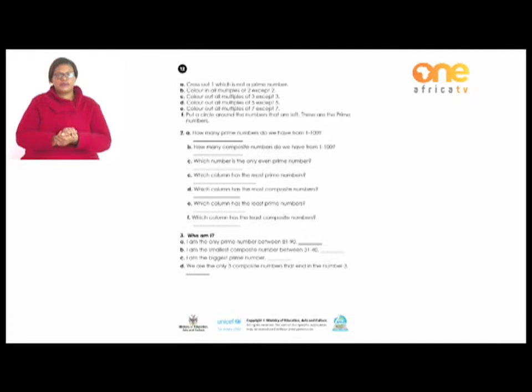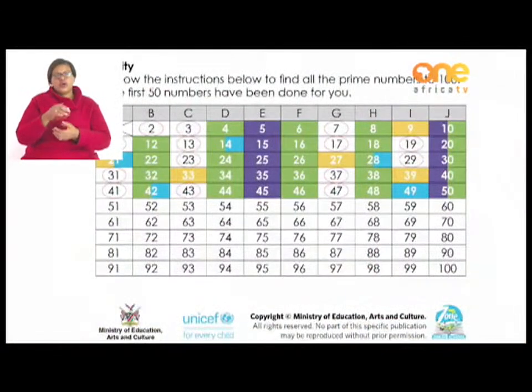Now, I just quickly want us to go to our table so that I can explain to you what a column is. You will notice on top of the table, there are letters A to J. If we look at the letter D, for example, there is 4, 14, 24, 34, 44, 54, 64, 74, 84, and then 94. All these numbers are in the column of D. Are we together?